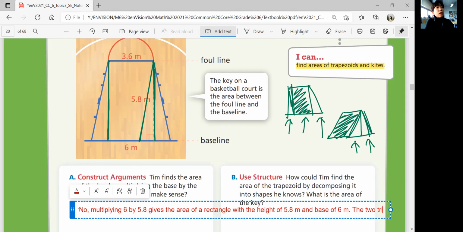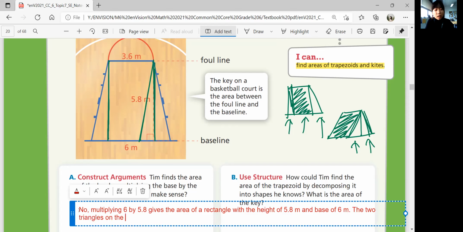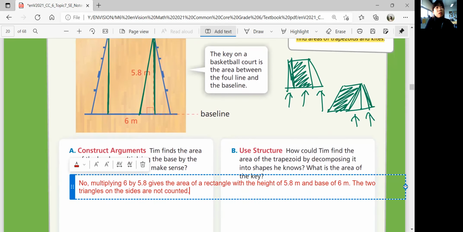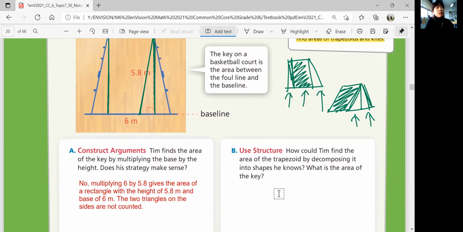The two triangles on the side are not counted. Okay, so that's the problem of Tim's method of finding the area.